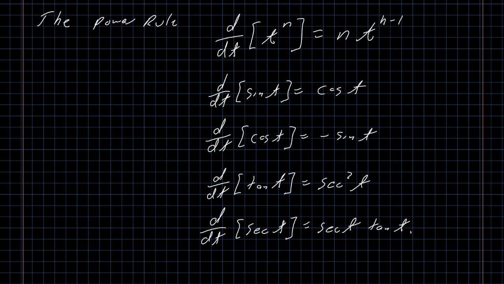You should also be familiar with the rules of differentiation for exponential and logarithmic functions. The derivative of an exponential is just that exponential. That fact is incredibly useful in differential equations.